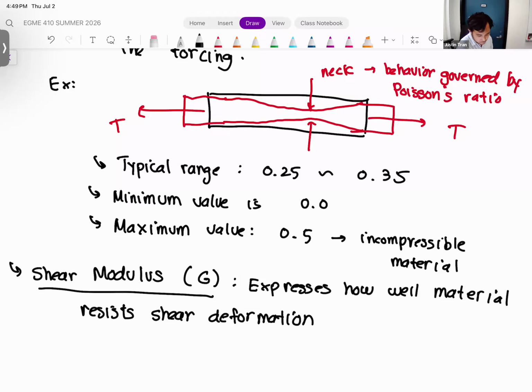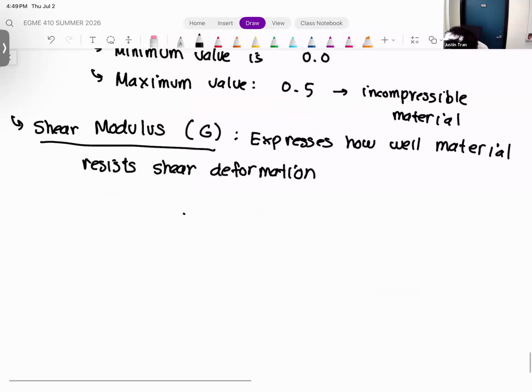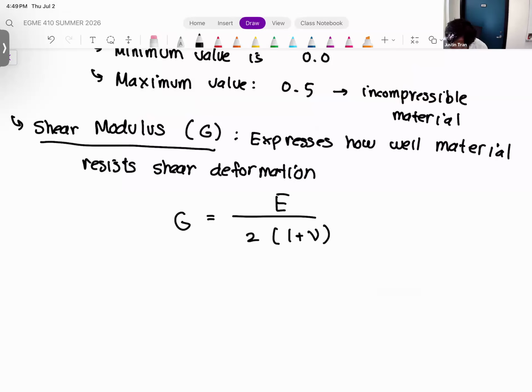Technically, you can specify this differently, and there are some materials that have a different shear modulus. But typically, we can compute the shear modulus based on the Young's modulus and Poisson's ratio, and this formula works for most isotropic materials. This is the formula that ANSYS uses: G is equal to our Young's modulus E divided by 2 times (1 plus nu).